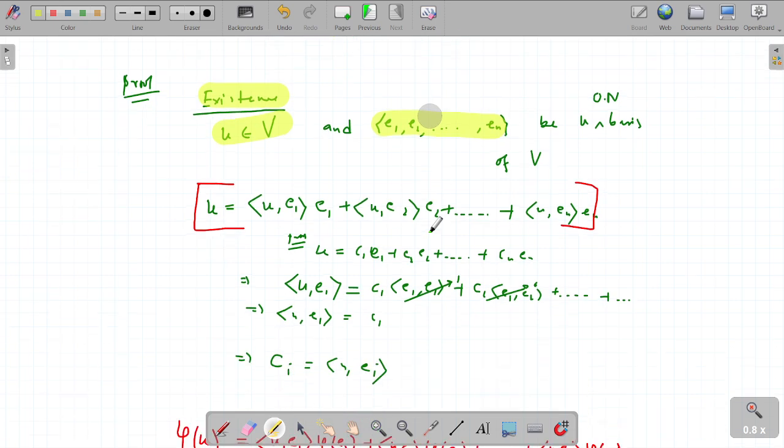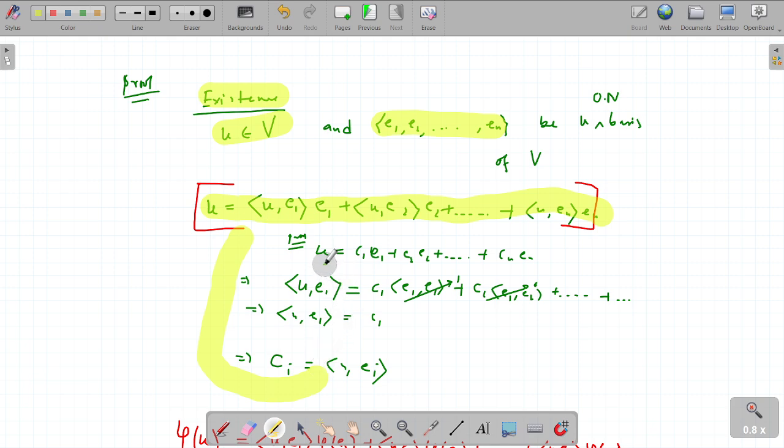Now I can write u as this sum: inner product of u comma e1 times e1, plus inner product of u comma e2 times e2, and so on. Now the question is how this is coming. This is very trivial to see. Here is the proof.